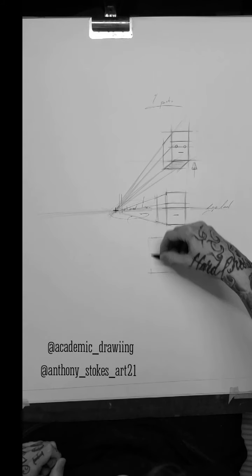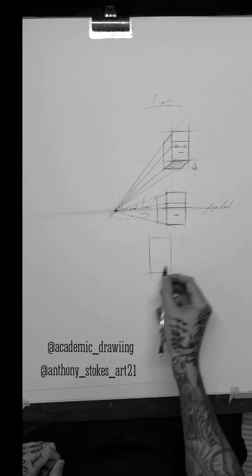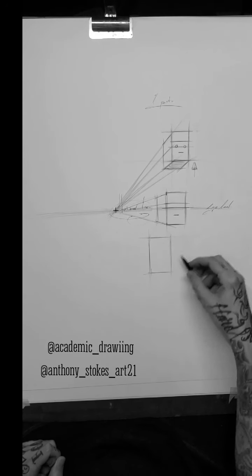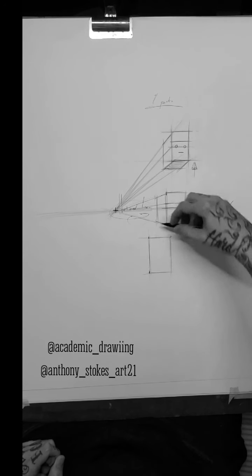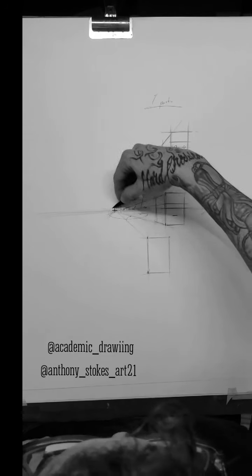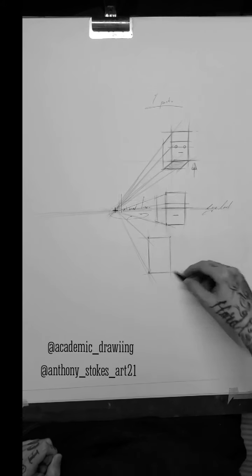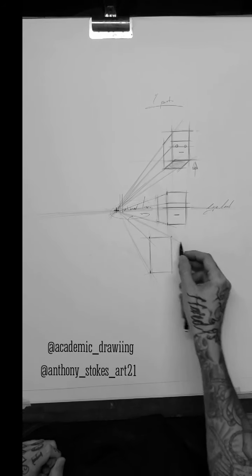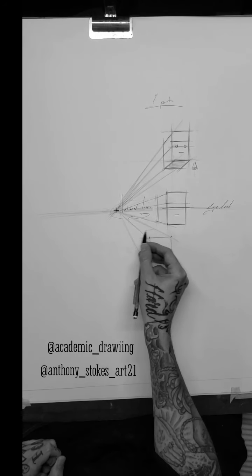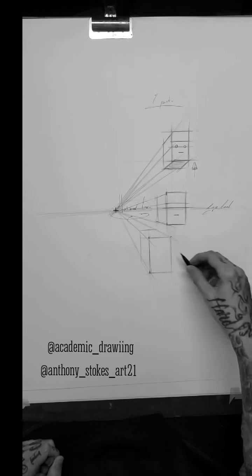We'd be looking down on the head. Okay, so here's our corners that we got to find and connect to the vanishing point. And then that would be the top of the head there. So here's the top, right?